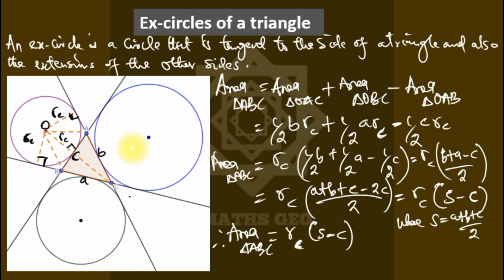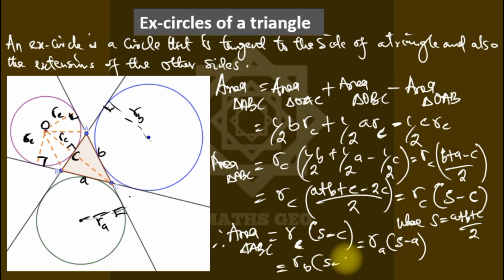So we can still relate it to the others. If we extend this, let's call this R subscript B, and this one R subscript A. With the same logic, the area will also be R subscript A times (S minus A), or R subscript B times (S minus B).